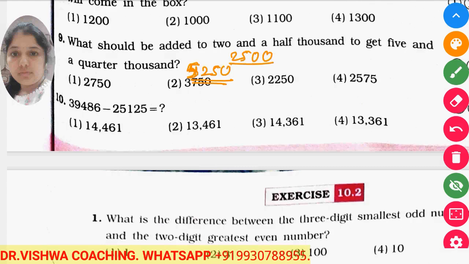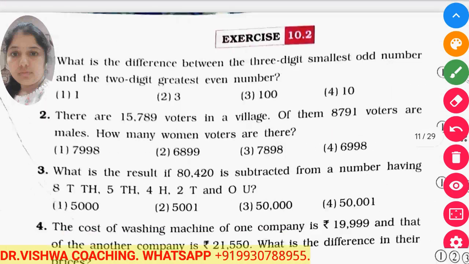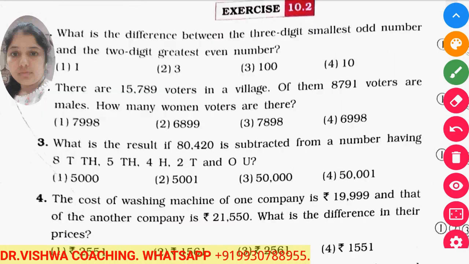Now how much should be added to this 2500 to get this 5250? So what you will do, you have to subtract this 2500 from this 5250. So you will get your answer. You subtract at home and you will find the answer. The next is also a simple subtraction, so I am not taking it. It is for your homework.